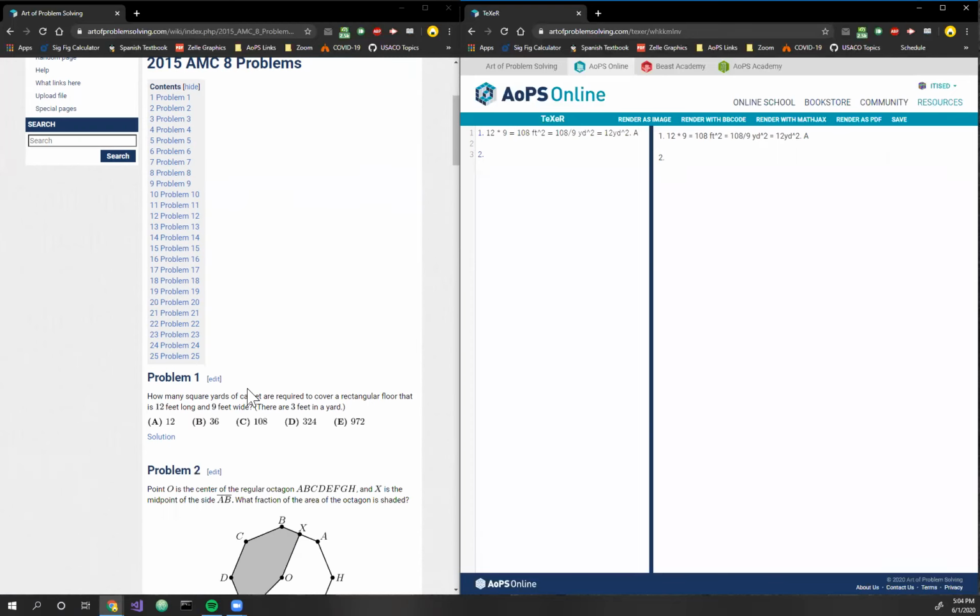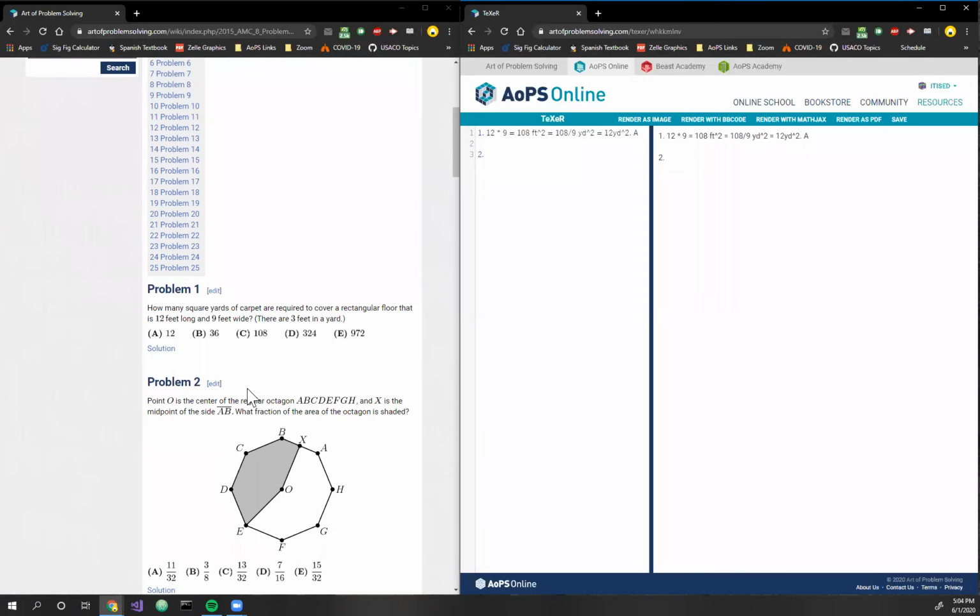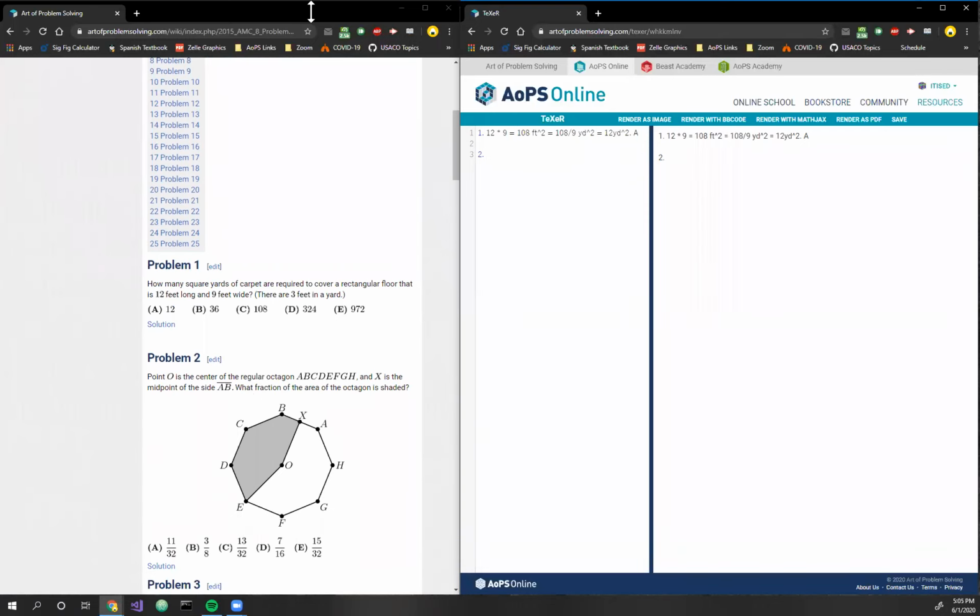All right, so for number two, we have an octagon. Also, I haven't seen these problems before, or I haven't seen them recently, so this is like my first attempt as well. So if we draw these lines... also, can you read the question clearly?